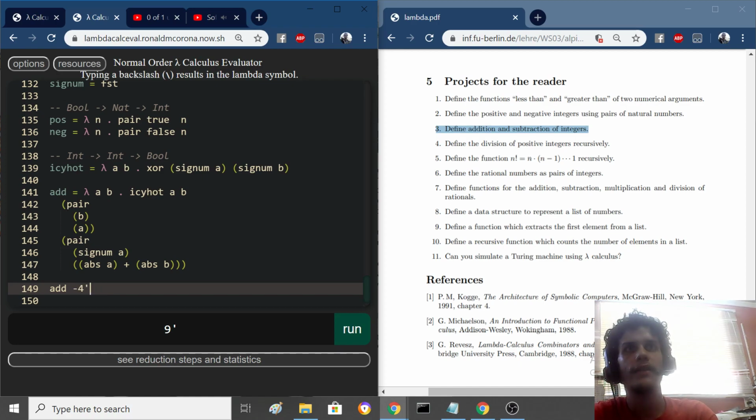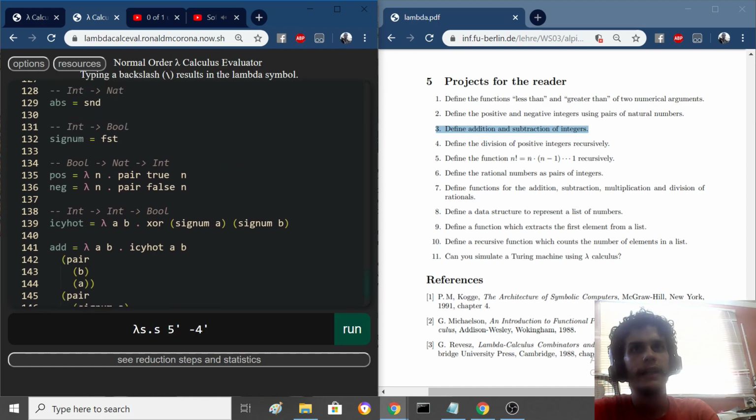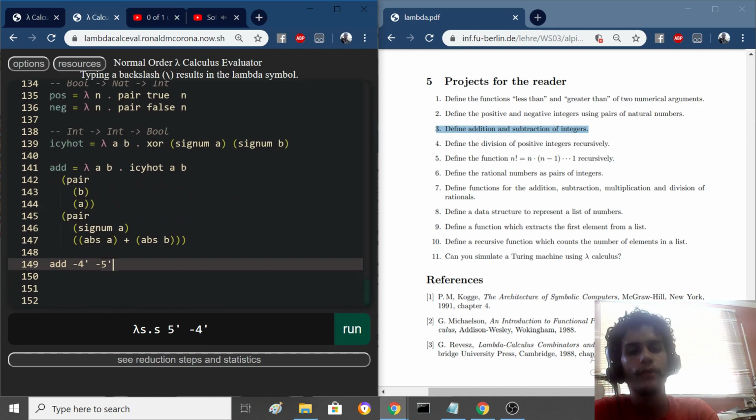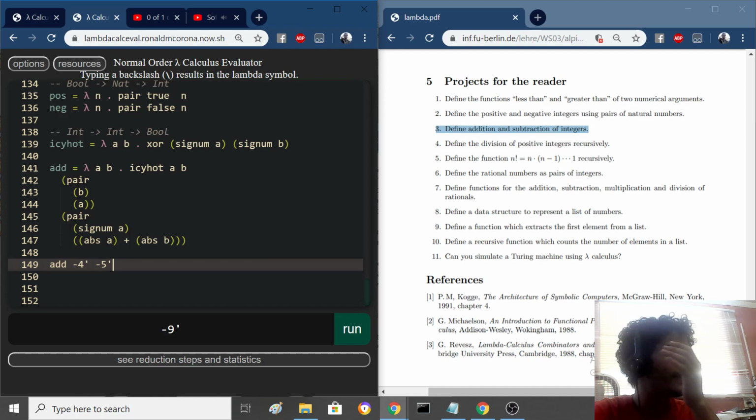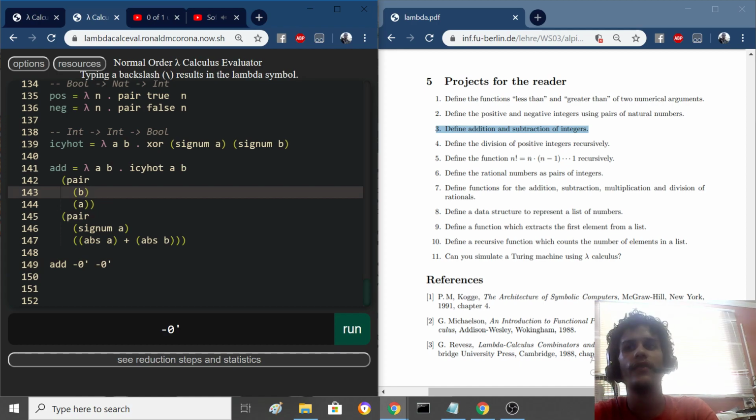How about negative 4 and negative 5? We should get negative 9. I accidentally put two numbers with unlike signs, so I got that. But here we put the like signs. 0 and 0, get 0, of course. Negative 0, negative 0. Okay, let's move on to if they have different signs, right?